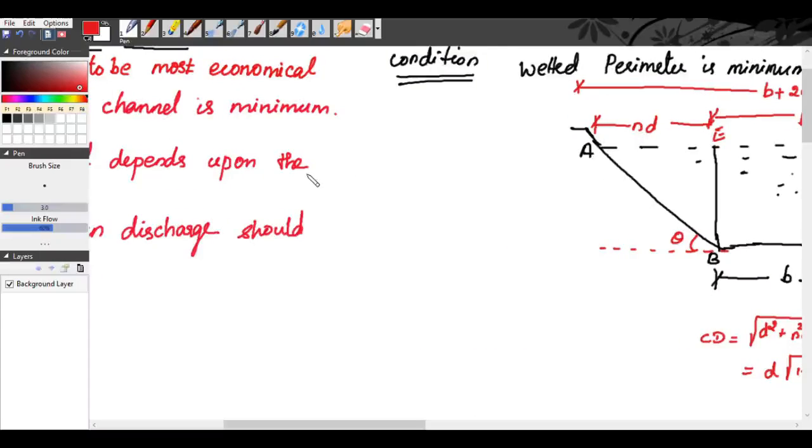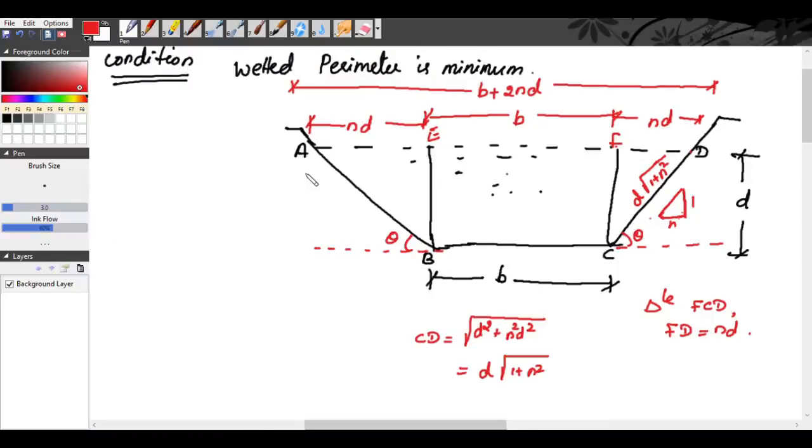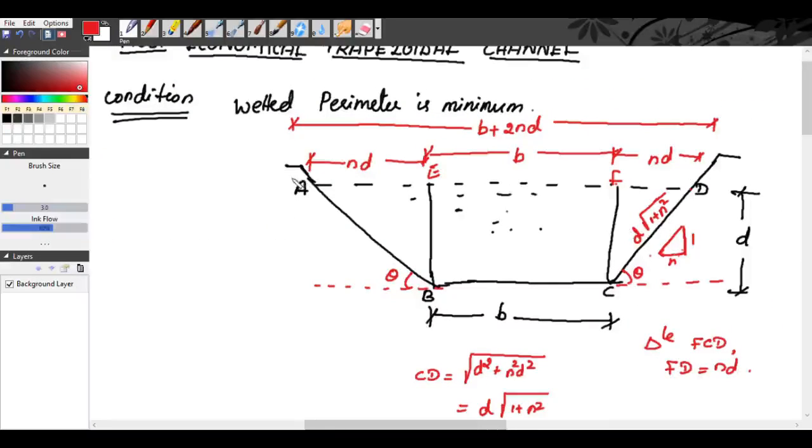Now we will come to the derivation. So we know the area of flow, right? So area of flow A will be equal to half into B1 plus B2, that is first breadth plus second breadth, bottom width plus top width, into the depth.